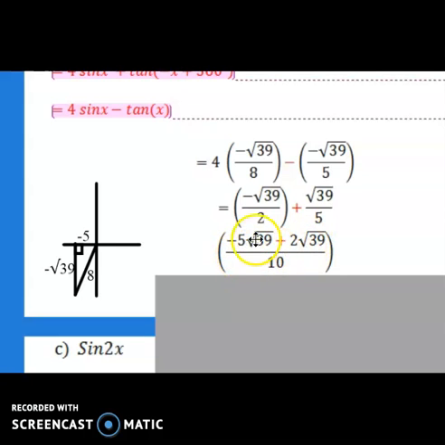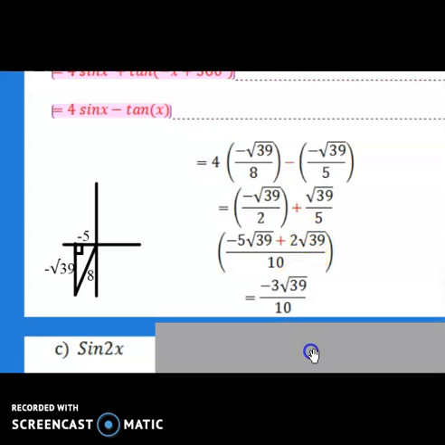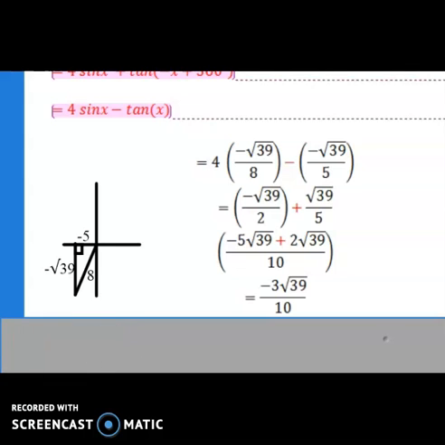The difference between 5 and 2 of something is 3. So my answer is negative because my biggest number was a negative. So it's negative 3 square root of 39 over 10.